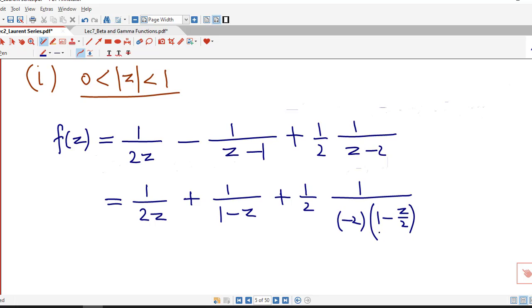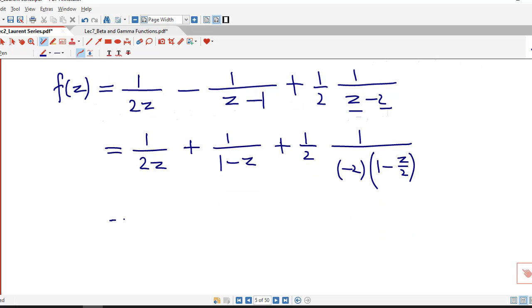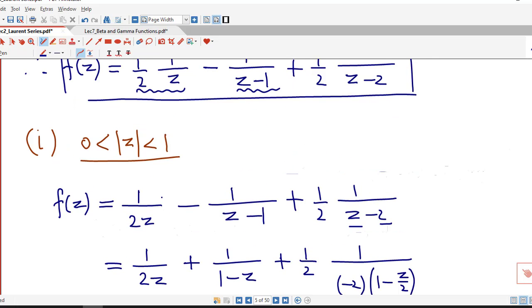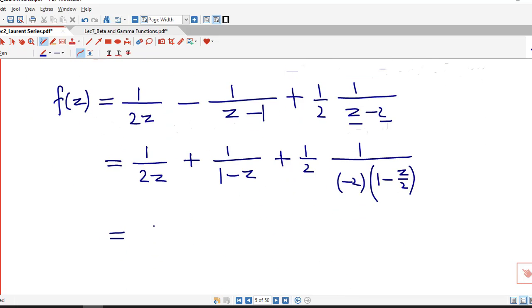We can check by multiplying also. This is minus 2 into 1, minus 2, and minus 2 into minus z by 2, that is this. Now in our region, absolute value of z is less than 1. So first we write one more step, we keep this as it is.